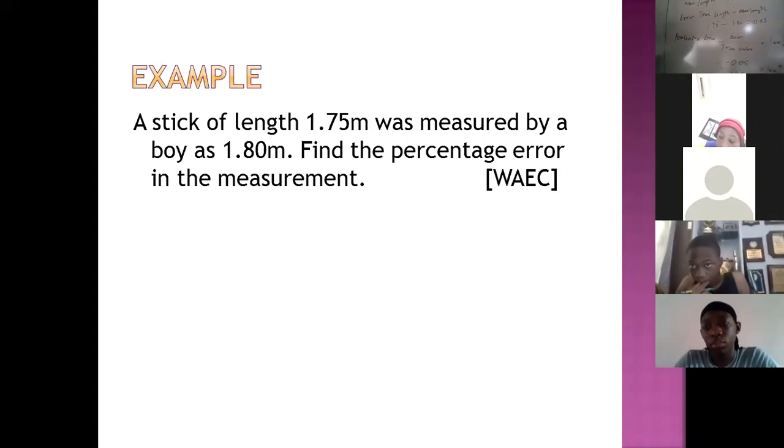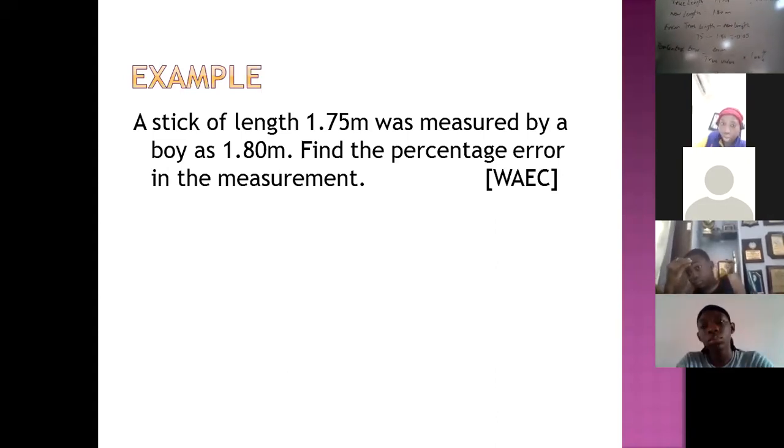Now, like I said, depending on how best you know how to, just multiply through by 100, so that this will be 5 over 1.75.